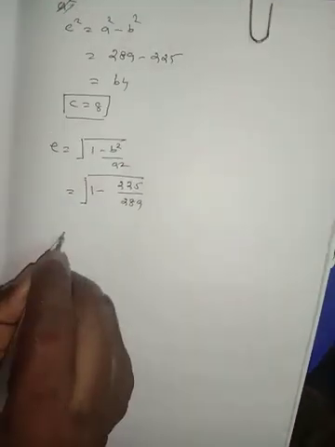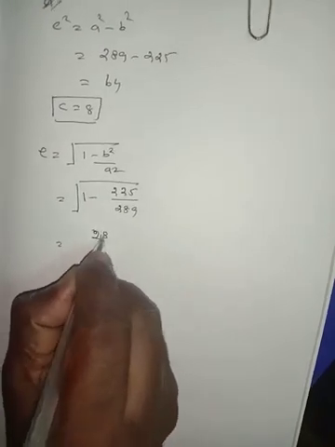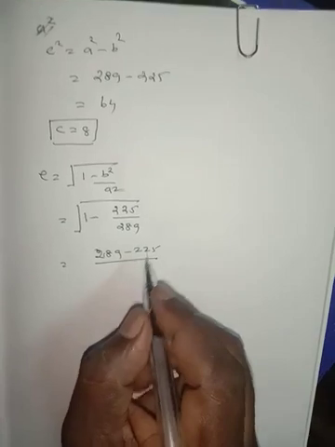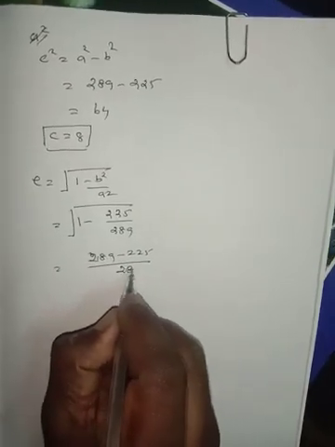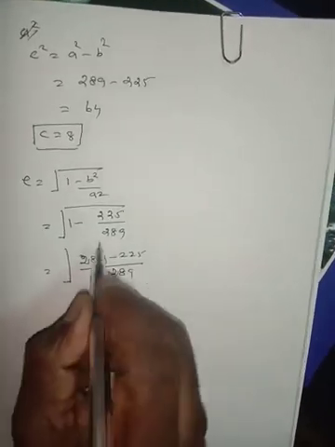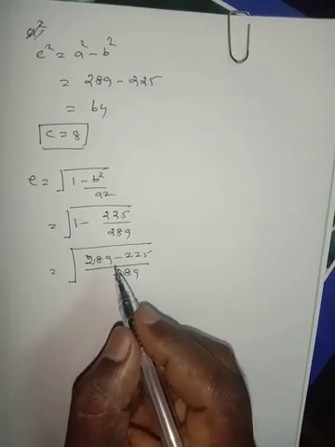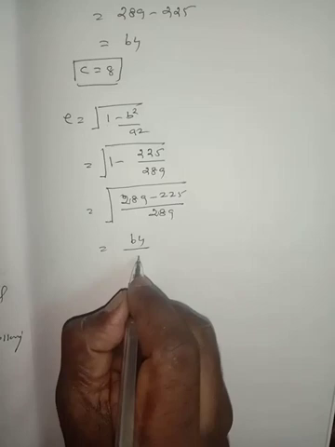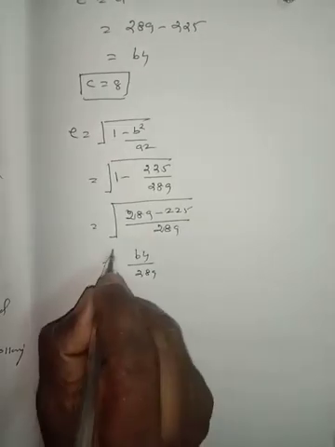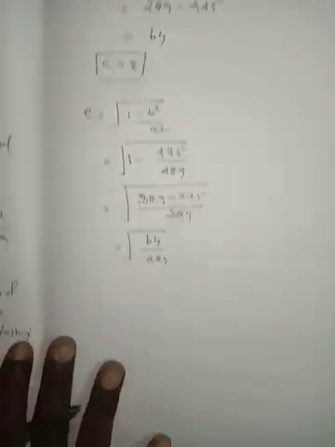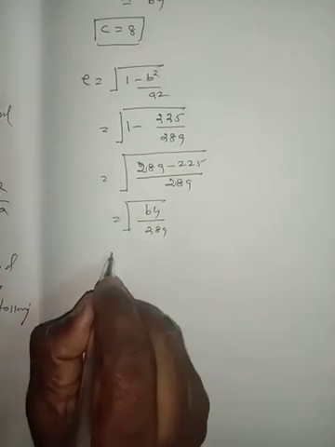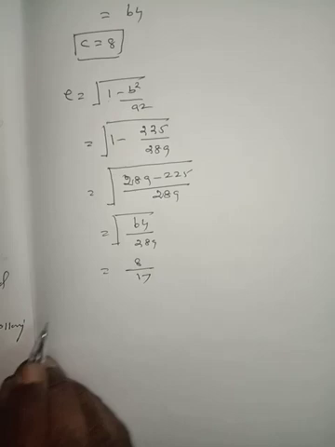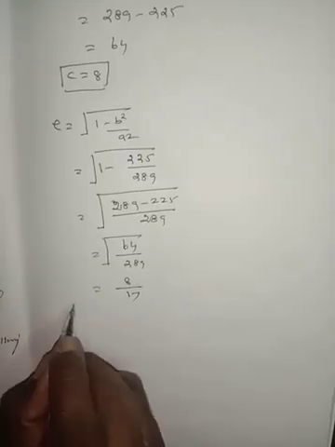Now, 289 minus 225 divided by 289. Numerator 64, denominator 289. Taking the square root, we get 8 by 17.